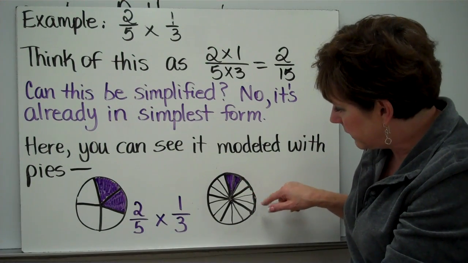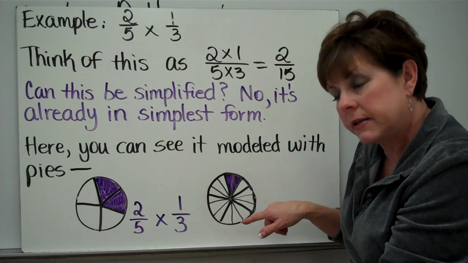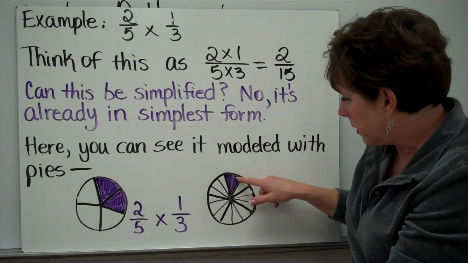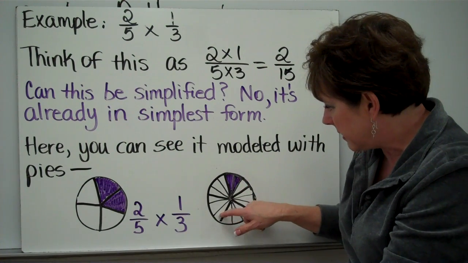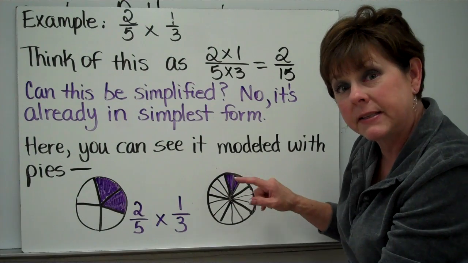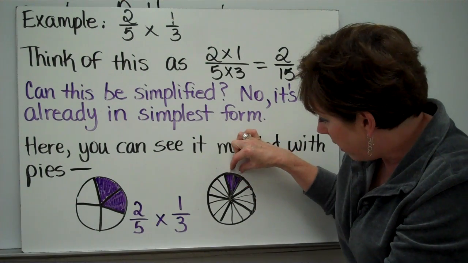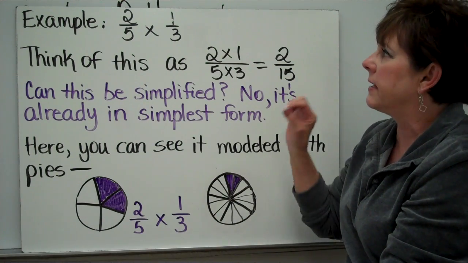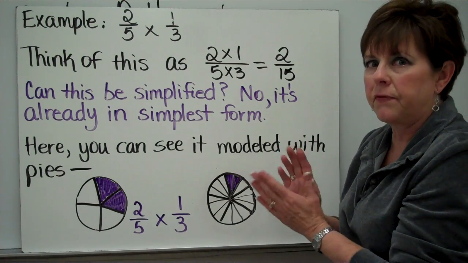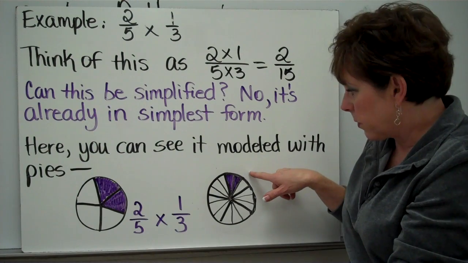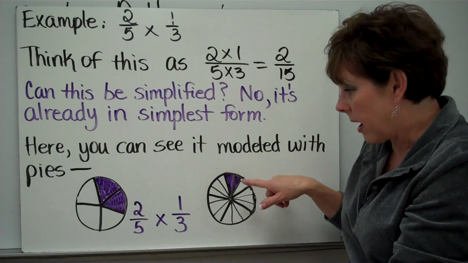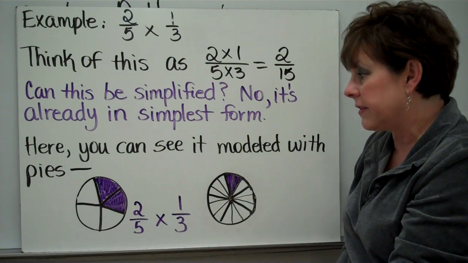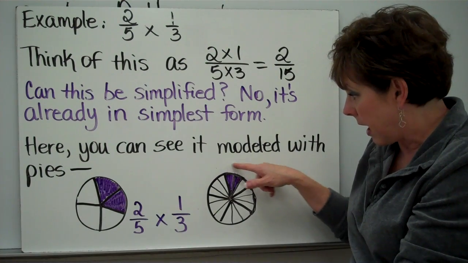So each one of these fifths has now been divided into 3 parts, and you've got 1, 2, 3, 4, 5, 6, 7, 8, 9, 10, 11, 12, 13, 14, 15 pieces, and 2 of those have been shaded in. So if I want to find 1/3 of 2/5, that's what that looks like. All right? 1/3 of 2/5. 2/5 times 1/3 would look like this.